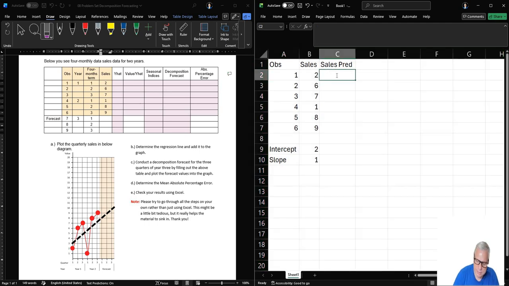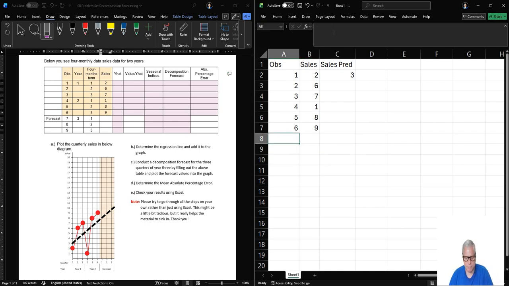That would be equal to the intercept plus the slope times the observation. Let's just spell it out: 2 plus 1 times the observation, and I can delete this calculation. And now I have one forecast period, 7, 8, and 9.